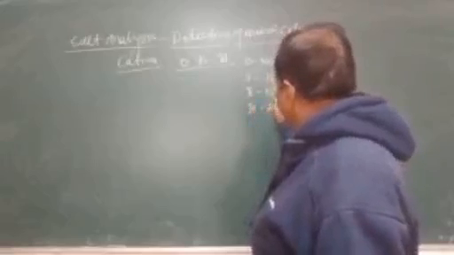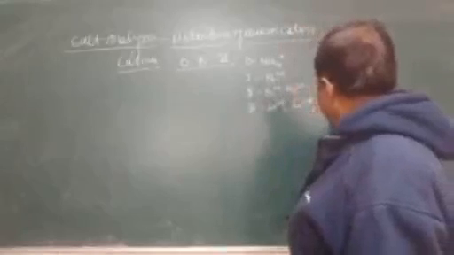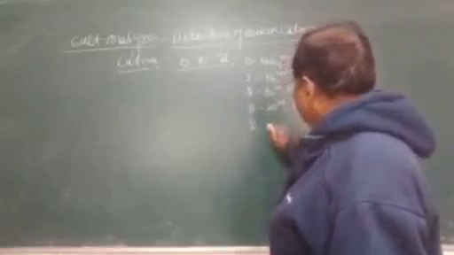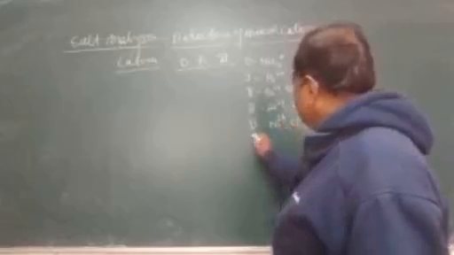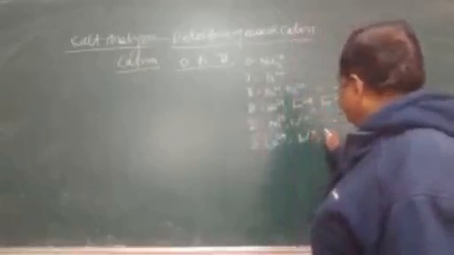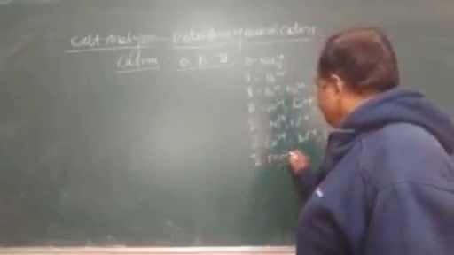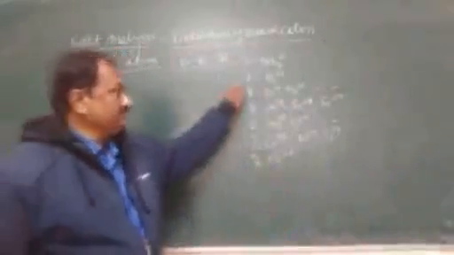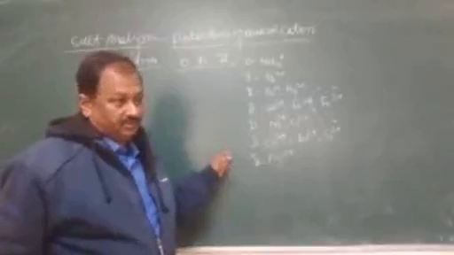Third we have aluminium, then ferrous, then ferric, then fourth we have nickel, chromium, fifth we have calcium, barium, strontium, sixth we have magnesium. So this is the arrangement of the different cations into the different groups.